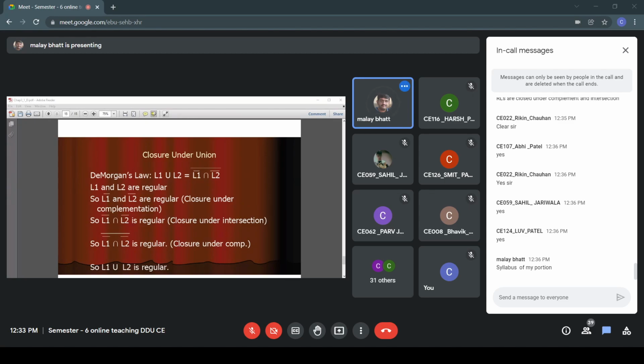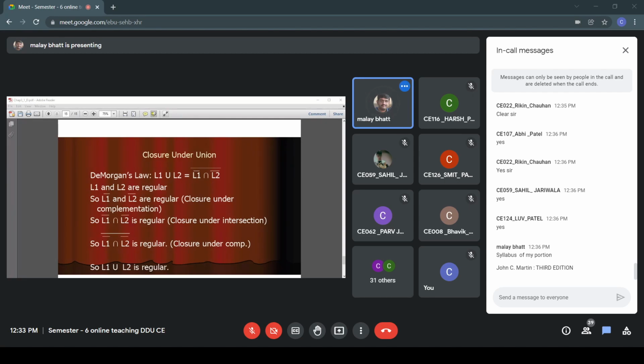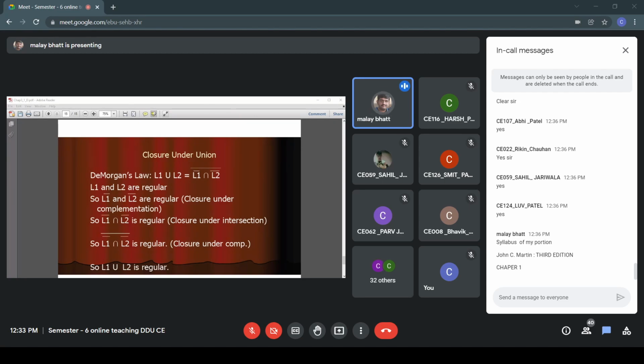You have to use this book, the 3rd edition, and from chapter 1, the syllabus will be 1.1 and 1.5.